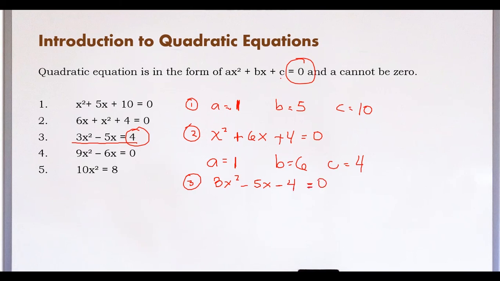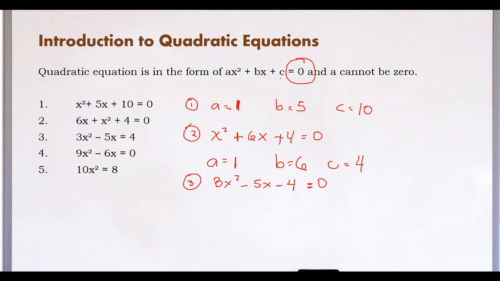So where did negative 4 come from? This came from adding negative 4 on both sides of the equation. We applied the addition property of equality, and by doing so, we have negative 4, and the 4 on the right side becomes 0, since 4 minus 4 is equal to 0.